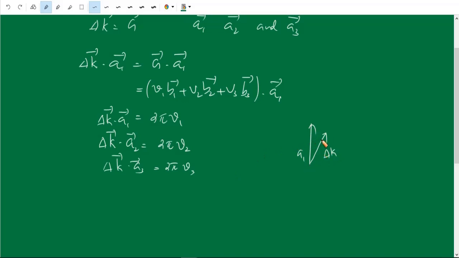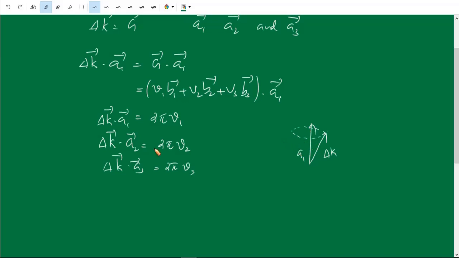Delta K must lie on a cone about the direction A1, a cone of axis A1.